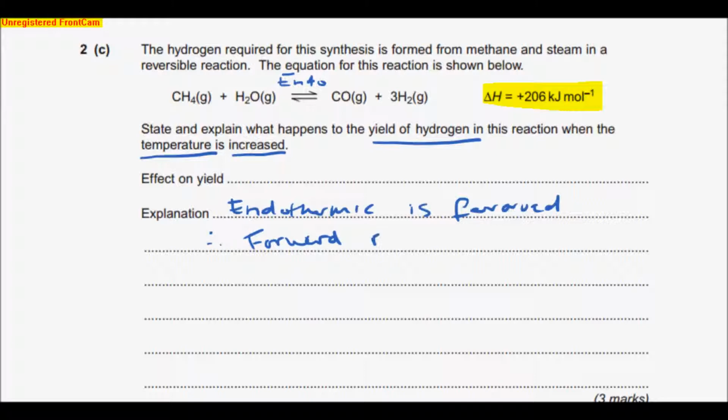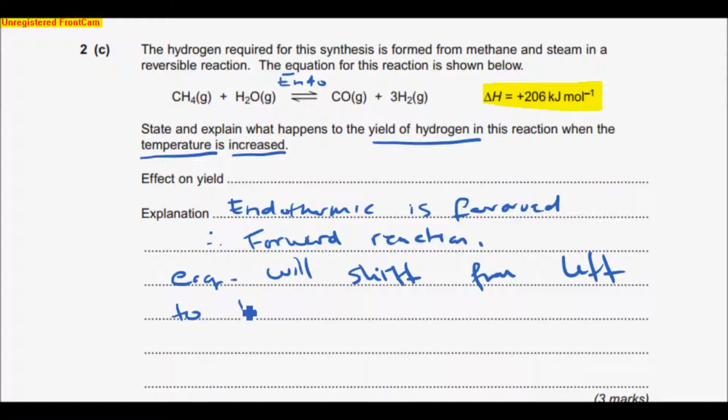Okay, so because it's the forward reaction, the equilibrium will shift from left to right to oppose the increase in heat energy.